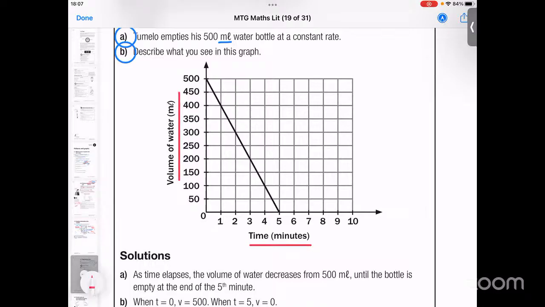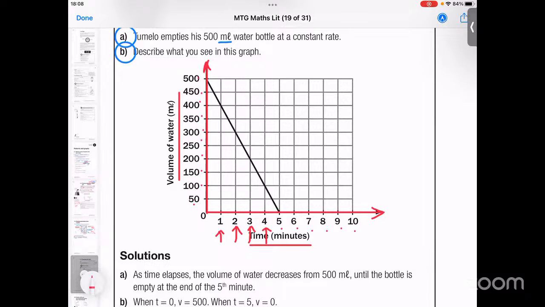Remember, this is the vertical axis which represents the volume, and this is the x-axis or the horizontal axis that represents the time, which is in minutes. So this is 1 minute, 2 minutes, 3, 4, 5, 6, 7, 8, 9, 10, and so on. Then this would be 50 milliliters, 100, 150, 200, 250, 300, 350, 400, 450, 500 milliliters.